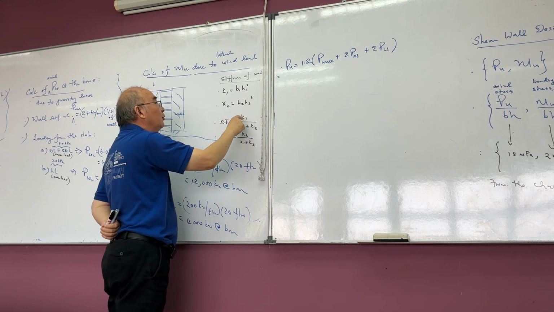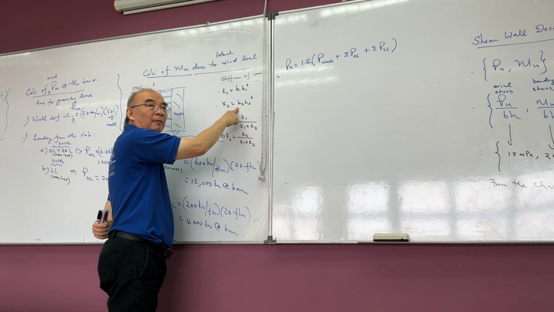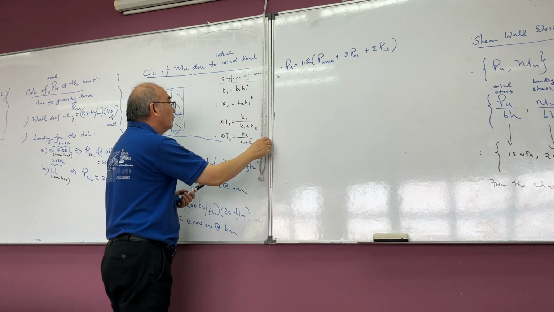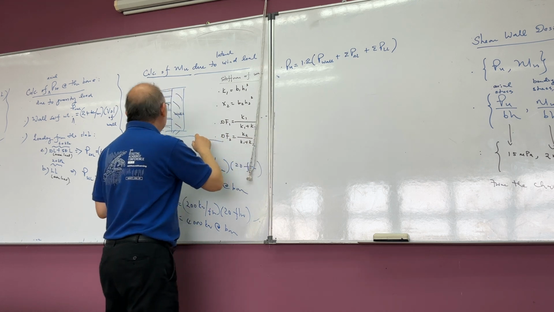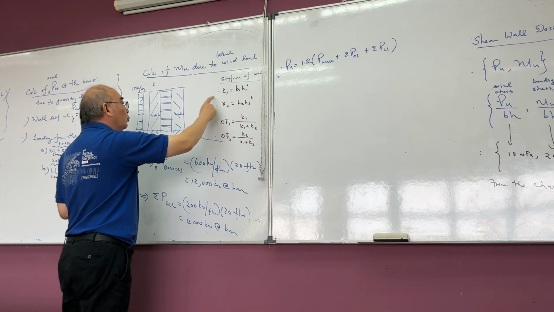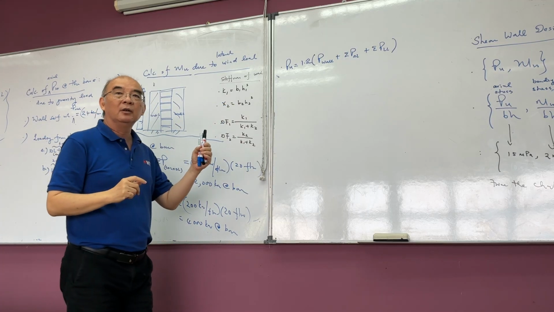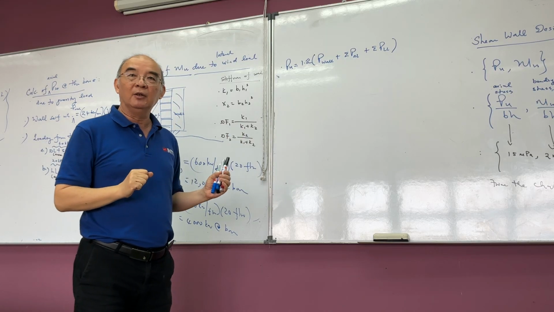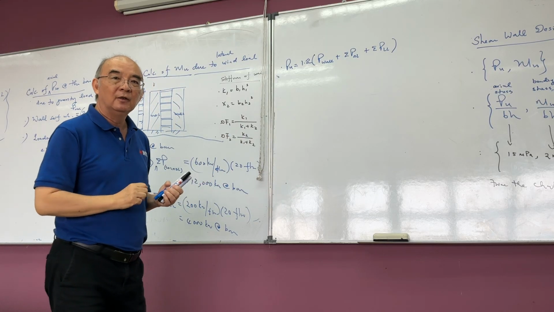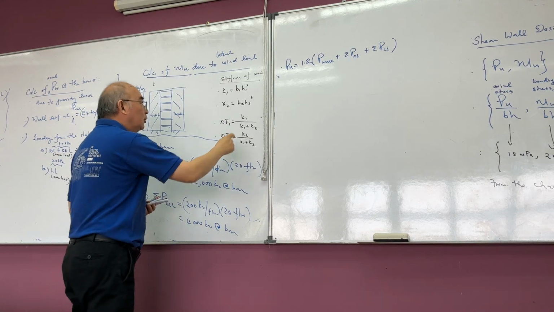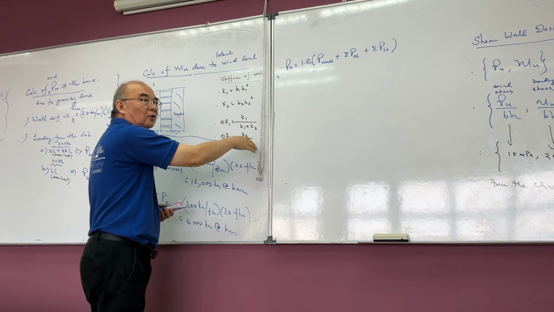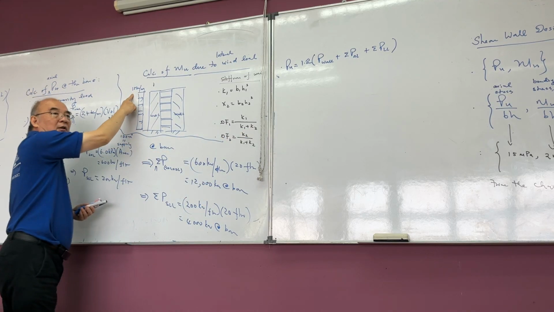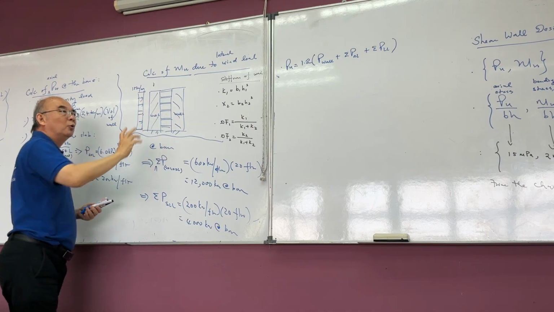Then the only difference is B1 and B2. So one will be 40%, the other one will be 60%. So you go and calculate it. Understand? So this could be 0.4, 0.6, or 0.5, 0.5. Then you distribute 15 kilonewton based on the percentage to each wall.